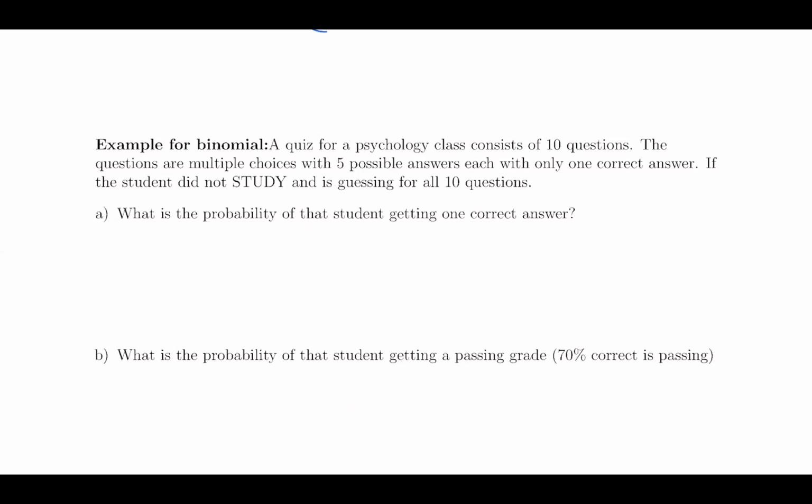So how many times are they doing this experiment? Are they doing it 1 time? 2 times? How many times are they doing it? Cool. Since it does have 10 questions, n is equal to 10. So that's how many questions I have. For this one, what would be considered a success?